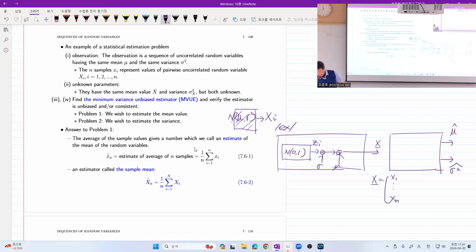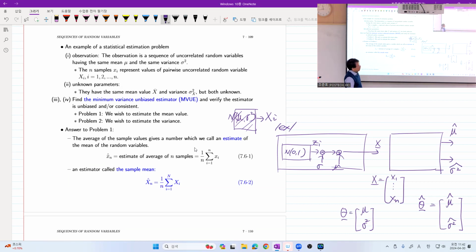So you take n IID observations, x1 through xn, and you want to build a box that takes these inputs, or that samples this distribution, in computer science and engineering terminology. You want to generate two estimates, or sometimes you can put mu and sigma square together as a vector parameter, and generate an estimate of a vector parameter. Got it?